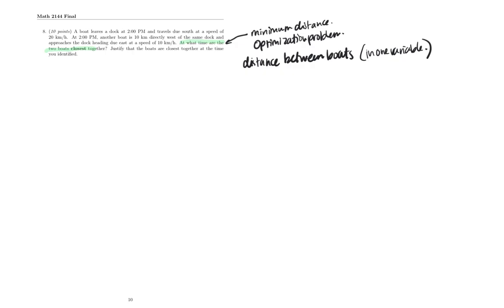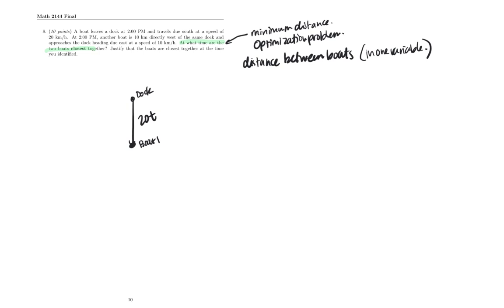Okay, and so when I think about this, I have a dock and I have a boat traveling south. The speed is 20 kilometers per hour, so the distance between the dock and boat 1 will be given by 20t, where t is the number of hours.